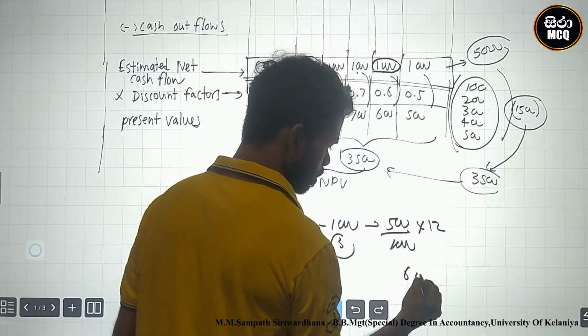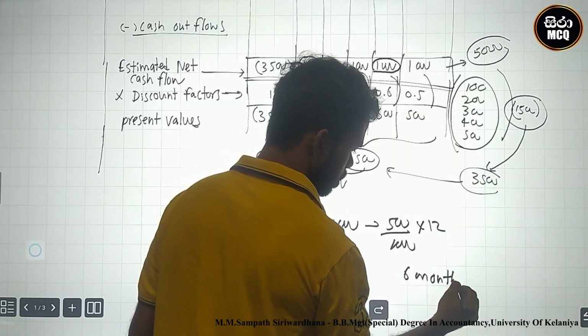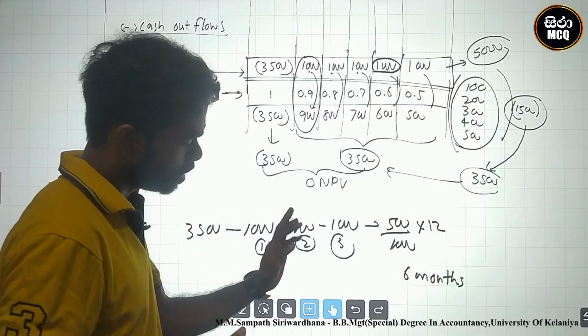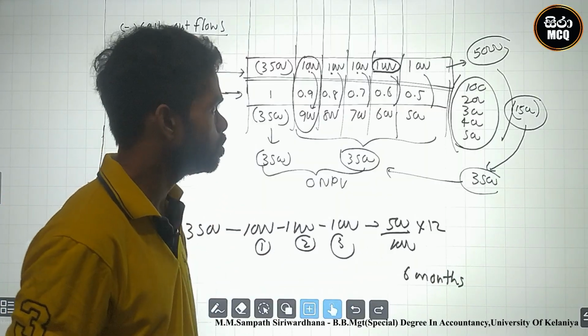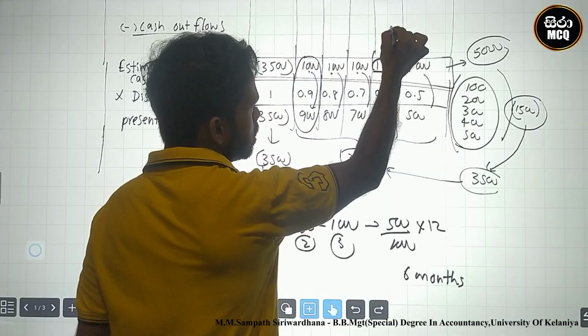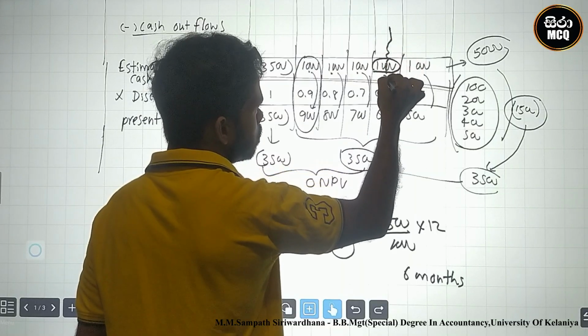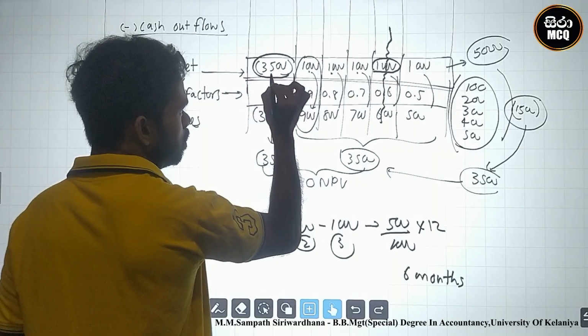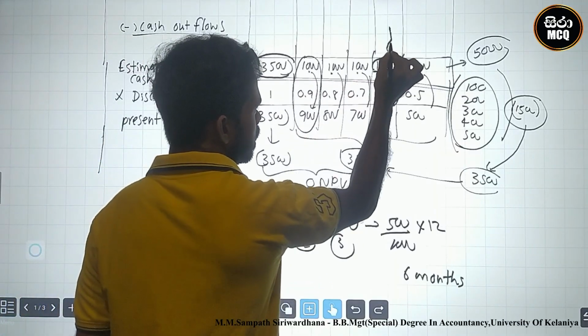This gives 6 months. The payback period is 3 years and 6 months. After 3 years and 6 months, the initial investment is recovered.